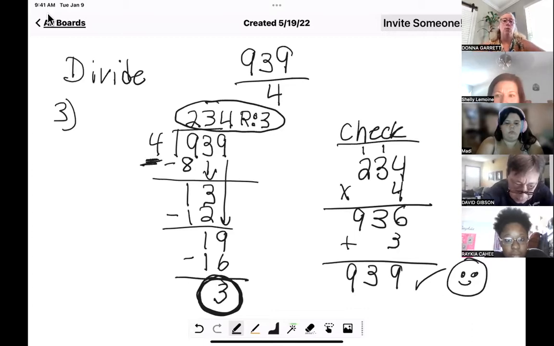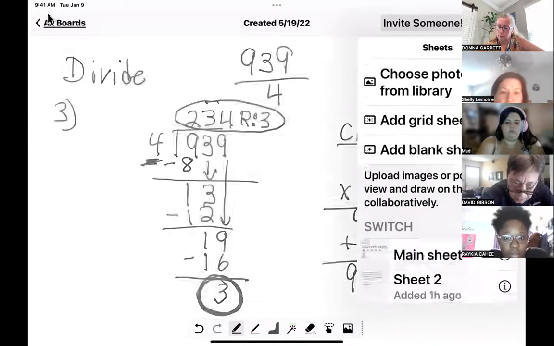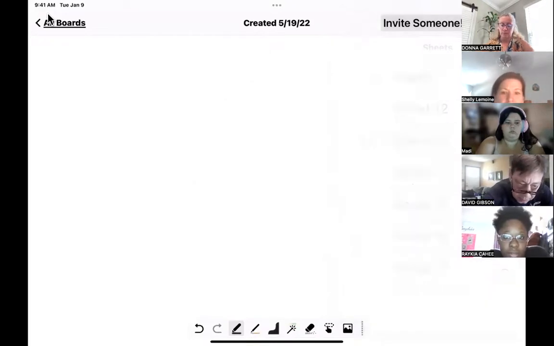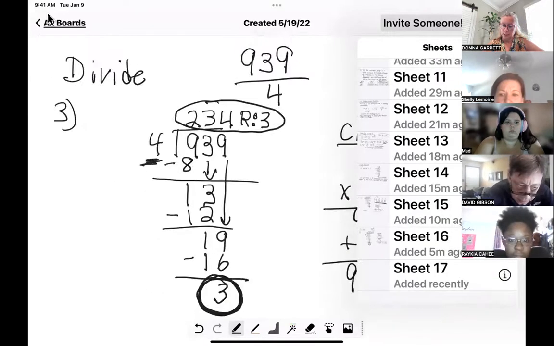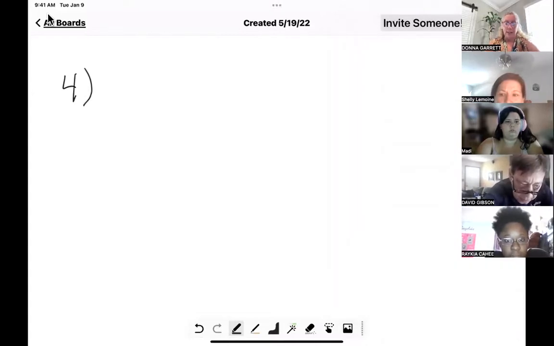It especially gets more difficult when we do more than one digit. So we're going to hit 2 digits now. We're going to divide by 2 digits. Okay, so let's divide by 2 digits. I'm just going to write it as long division.